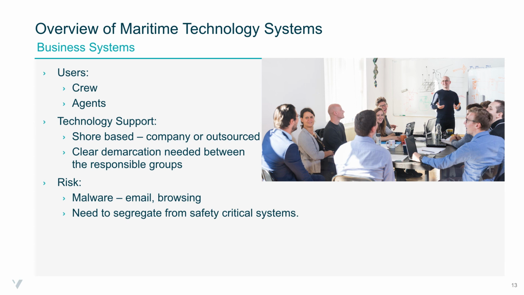We have users, we have the crew, we have agents. In a lot of cases, we have outsourced companies performing support roles, and sometimes a clear demarcation doesn't exist, where you might have an outsourcer performing the support of the office systems, the engineers supporting the onboard operational technology systems, but in some cases there might be some crossover or a lack of clarity.